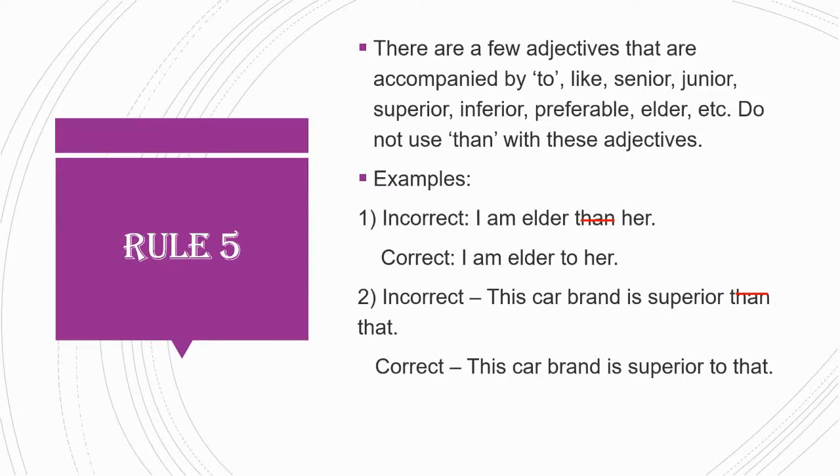For example, the incorrect form of sentence is I am elder than her, and the correct use of the degree is I am elder to her. Second example, incorrect sentence is this car brand is superior than that, and the correct sentence is this car brand is superior to that.